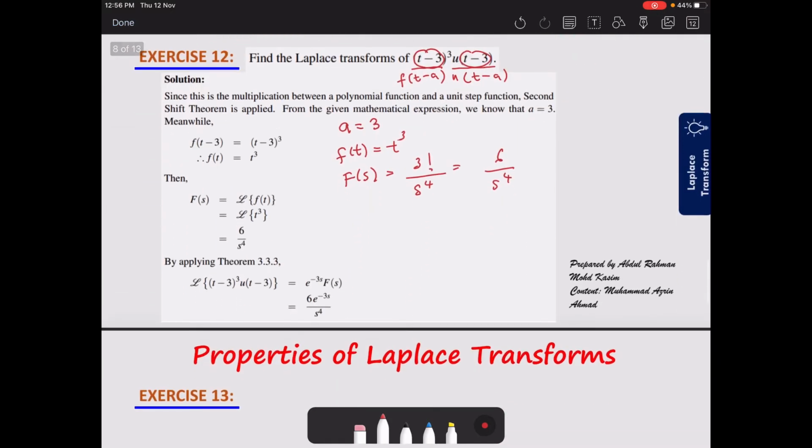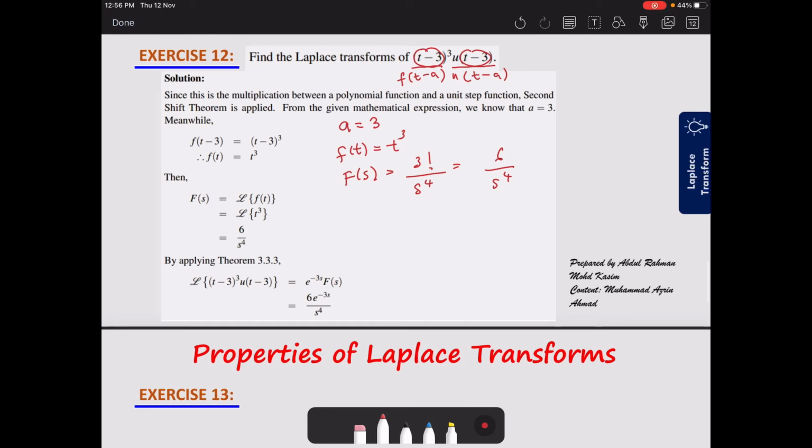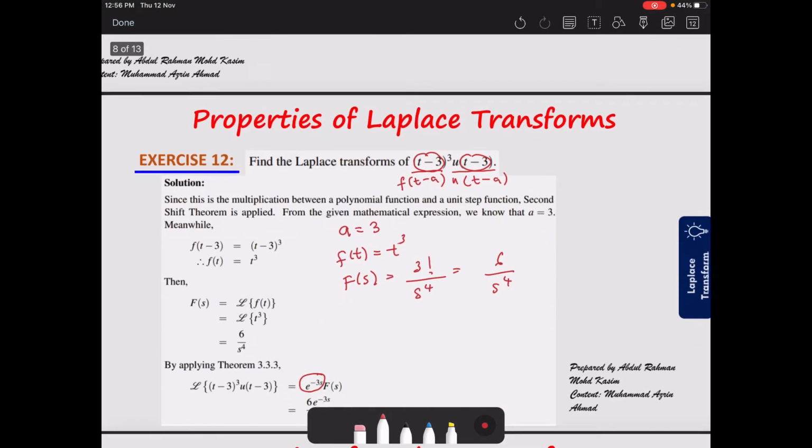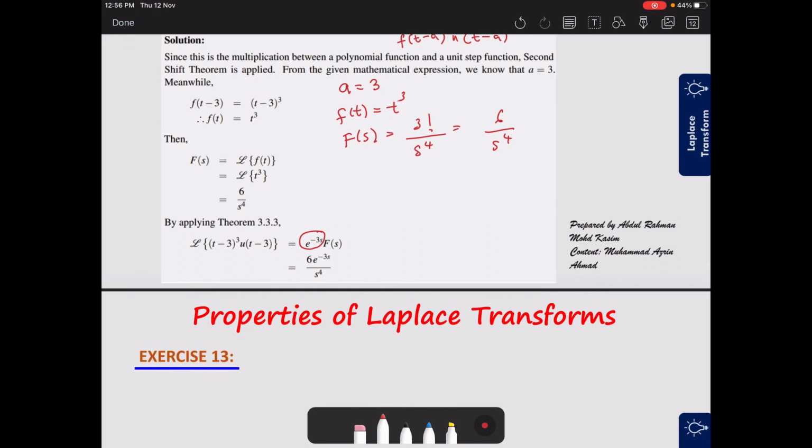You already got your F(s) over here, so you just combine them. Your a is 3, so exponent negative 3s, and your F(s) is 6 over s to the power of 4. So your answer is exponent negative 3s times 6 over s to the power of 4. Just combine it, and you will get this answer.